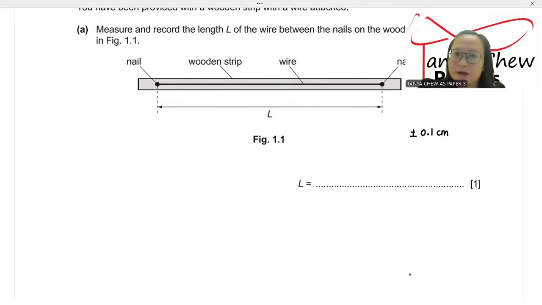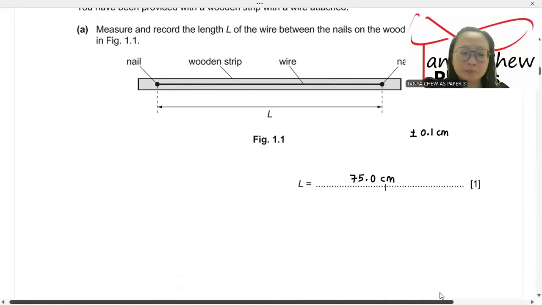Before you write down the value of L, make sure your reading is recorded based on the decimal point of the absolute uncertainty of that apparatus, because L is measured data. I got 75 cm, so I put 75.0 cm. Why? Because the absolute uncertainty of the meter rule is one decimal point. So my reading will take one decimal point together with a unit in order for you to get that 1 mark.